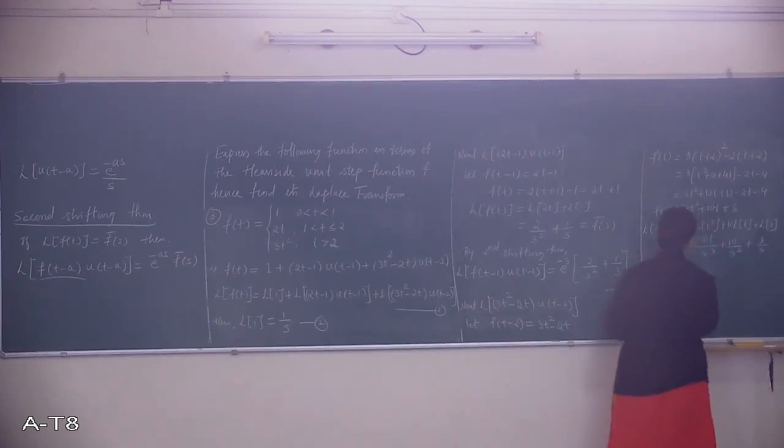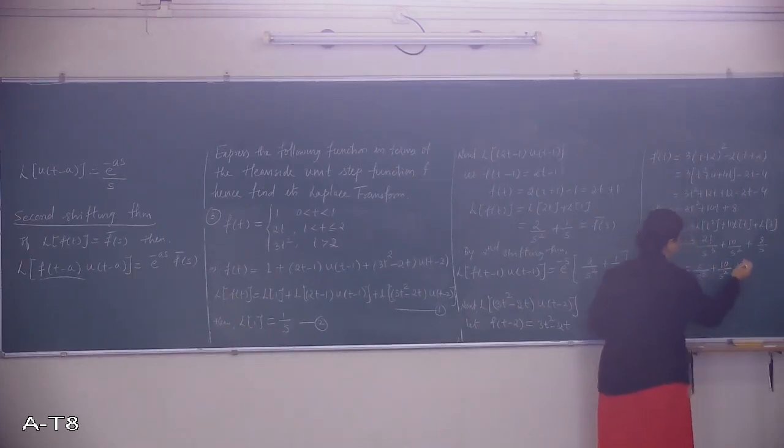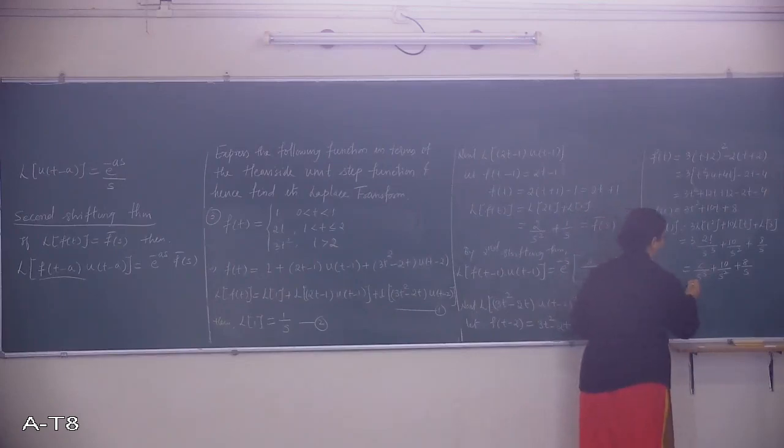So here we get 6 upon s cube plus 10 upon s square plus 8 by s, which is a function of s. So this is the f bar of s.